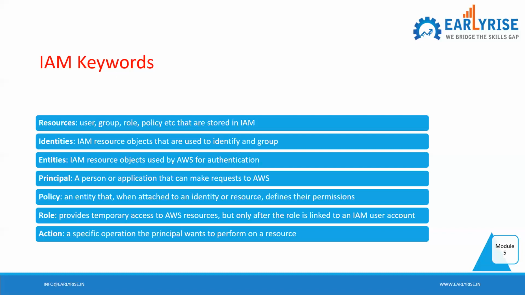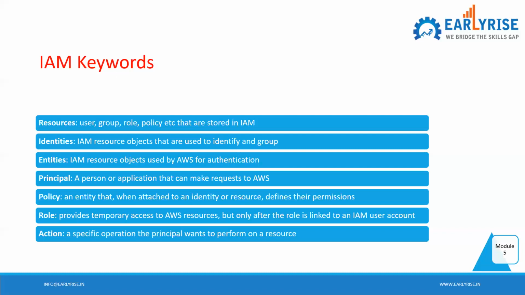We saw effect and action in the policy section. Effect was allow or deny, and action was get object, put object. If you say effect is deny and the action is put object, then that person will not be allowed to upload the object in the S3 bucket.